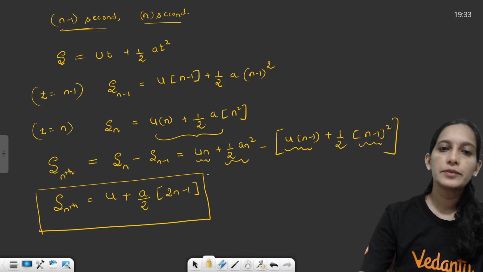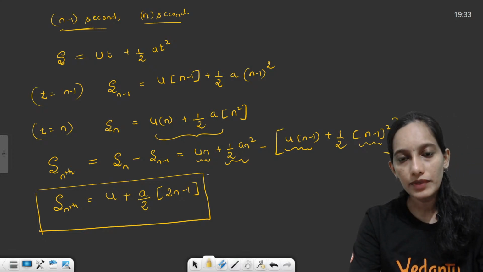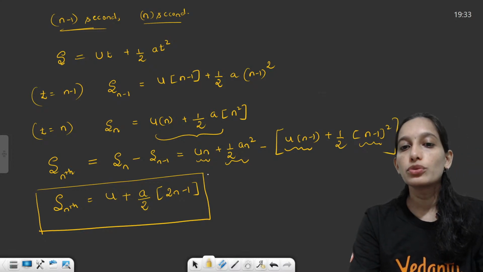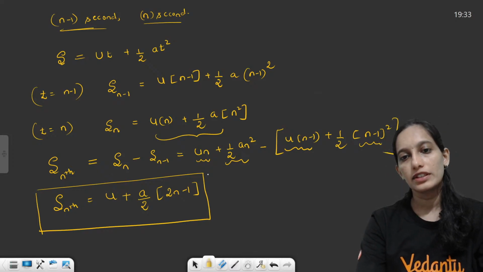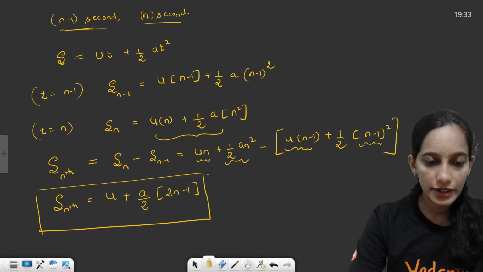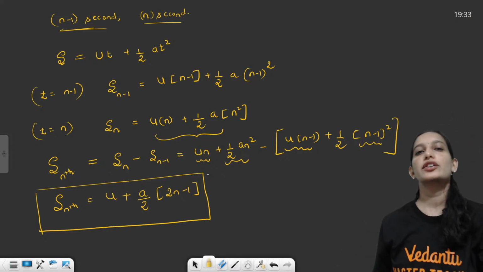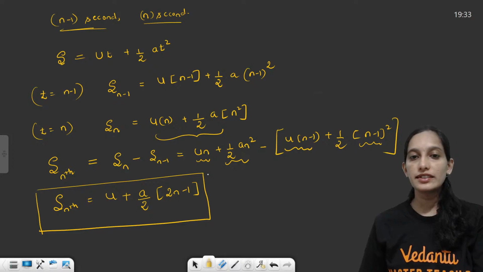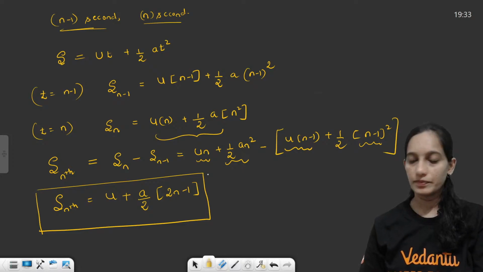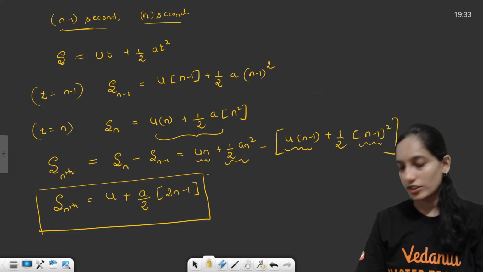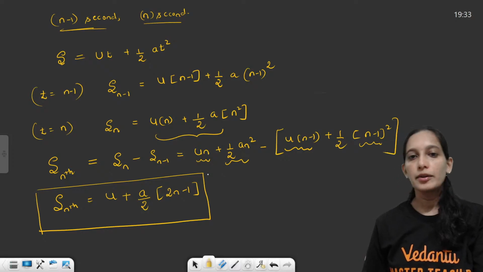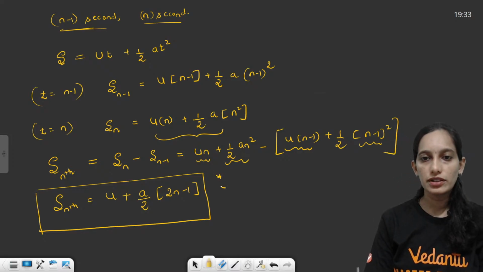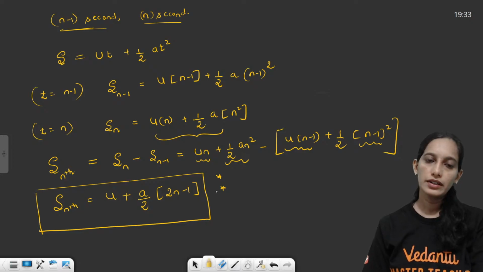We get u plus a by 2 into 2n minus 1. Is that fine? Hope you are following. Any doubt till here? This is one formula which we usually say is the distance traveled in nth second. So distance traveled in nth second means we have to consider this formula. Any doubts?